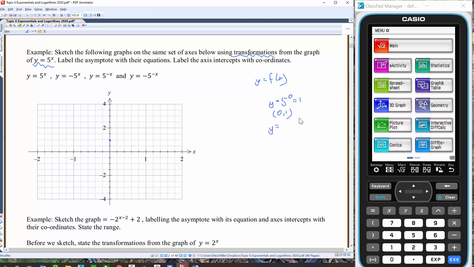Let's get 2 other points on either side of that. y equals 5 to the 1 equals 5. When x is 1, y is 5. It's out of range of the Cartesian plane, but it doesn't matter. And y equals 5 to the negative 1 equals 1/5. So when x is negative 1, y is 1/5.